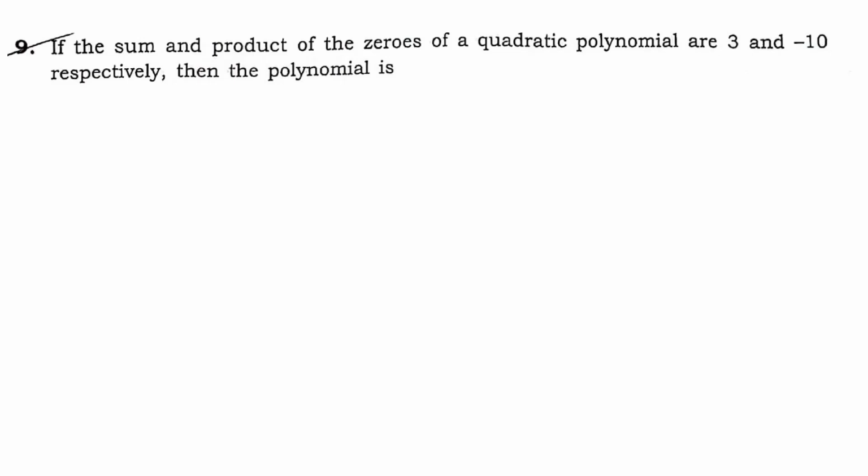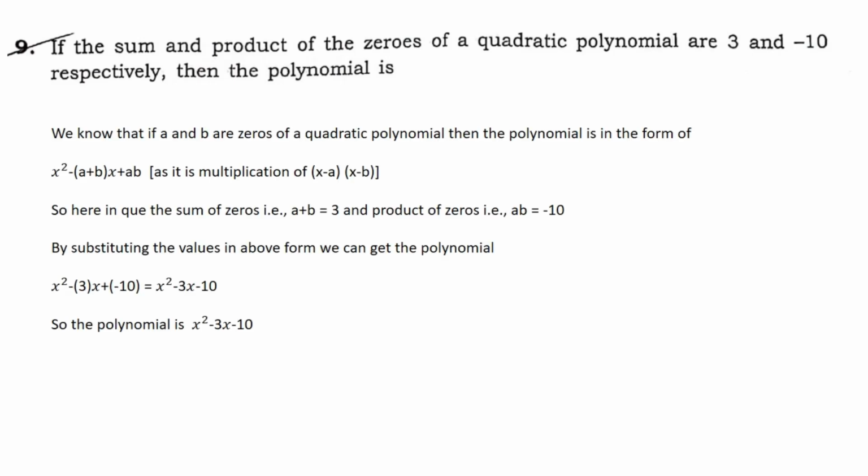if the sum and product of the zeros of a quadratic polynomial are 3 and minus 10 respectively, then the polynomial is. We know if a and b are zeros of a quadratic polynomial, then the polynomial is in the form of x square minus (a plus b) into x plus ab.